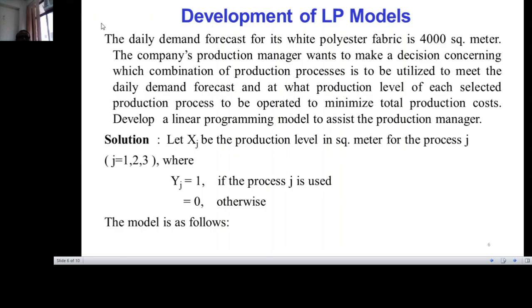So the company's production manager now is at a loss and wants to decide which combination of production processes should be utilized, so that he is able to meet the demand forecast and the production cost is also minimized.